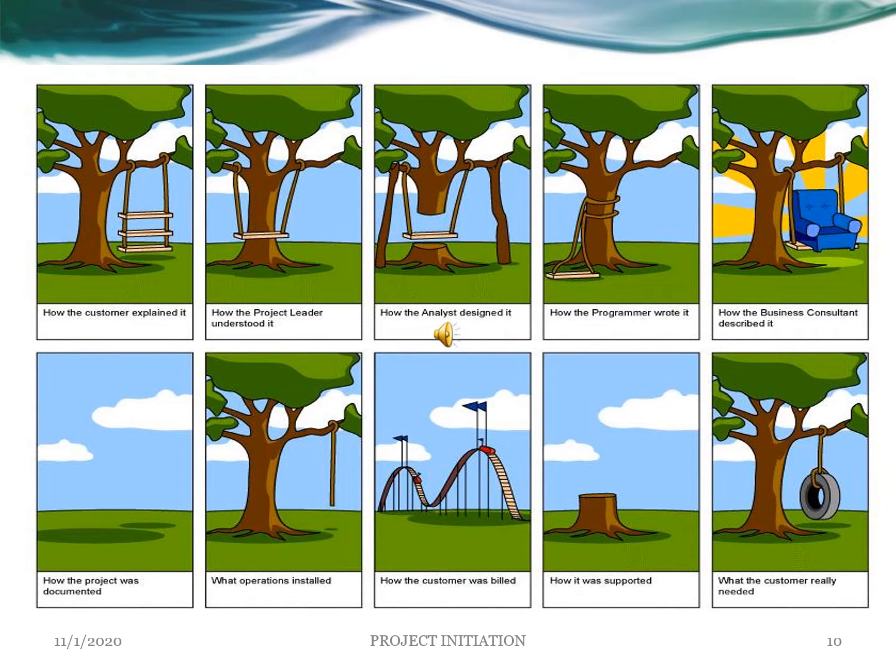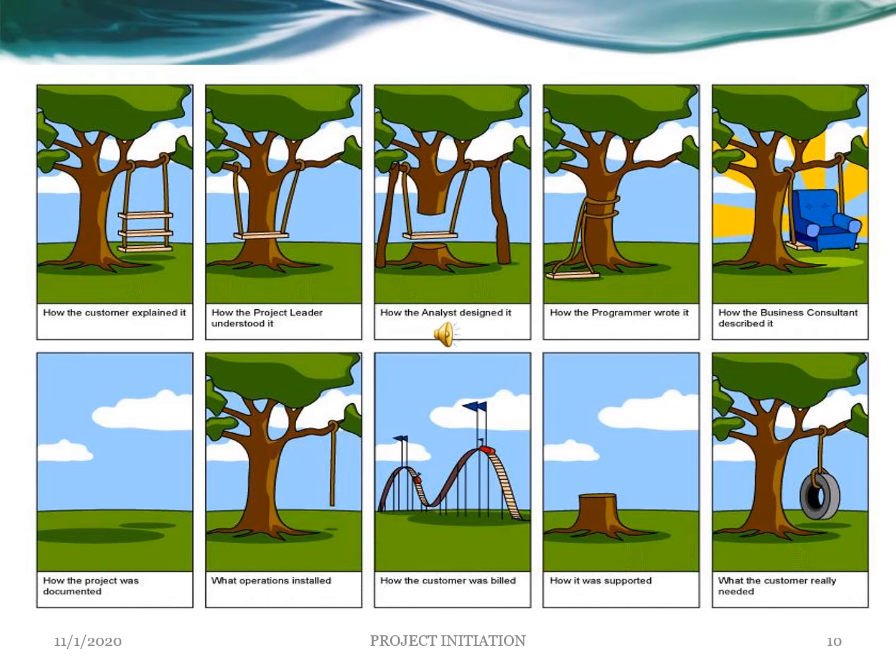Just to give you an idea of the importance of the initiation stage, we have 10 pictures in front of you, starting with the first one. It tells you how the customer explained it.